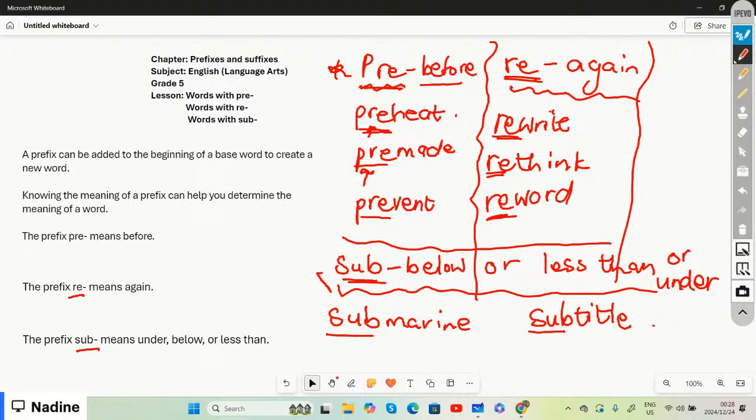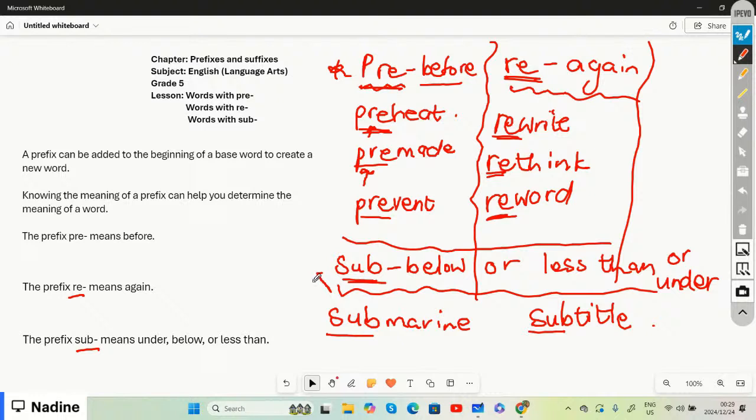And if we look at all three of those words, then knowing the meaning of those prefixes, it can help you to determine the meaning of that word. All right.